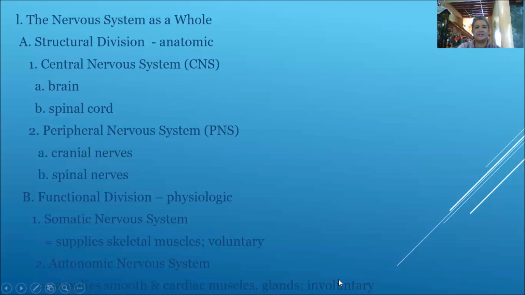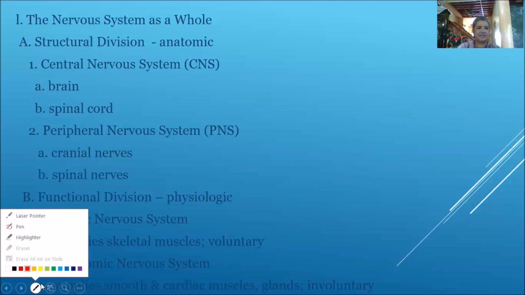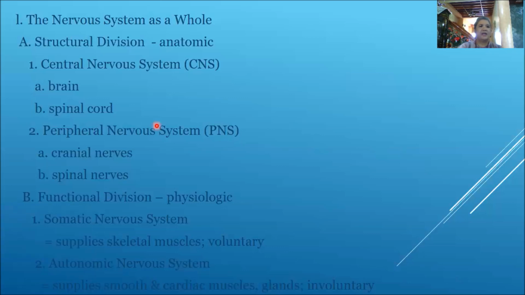The nervous system is divided into 2 divisions. You have the structural division and the functional division. The structural division refers to the anatomy of the nervous system, in which it is divided into your central nervous system and your peripheral nervous system.